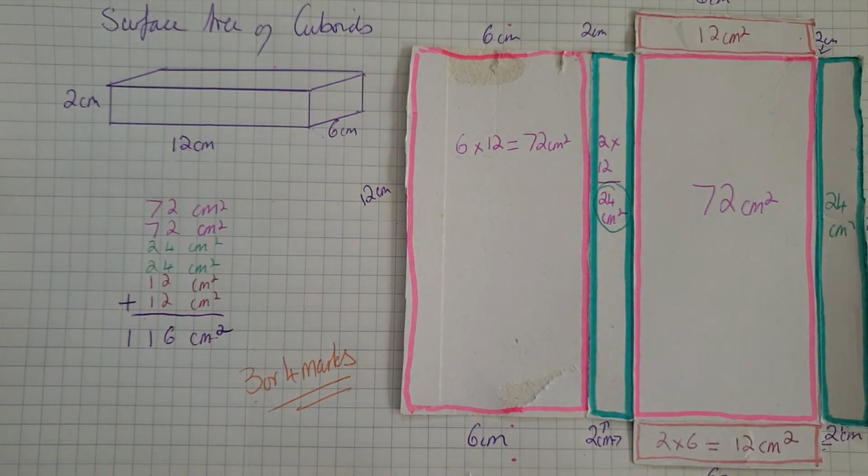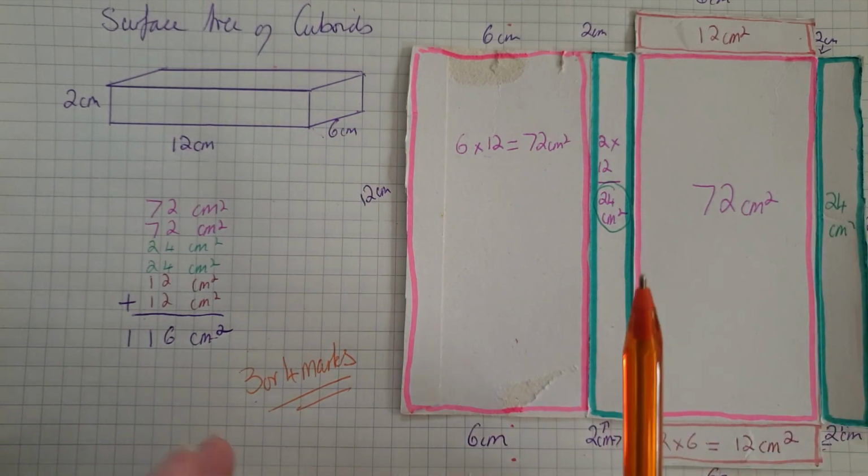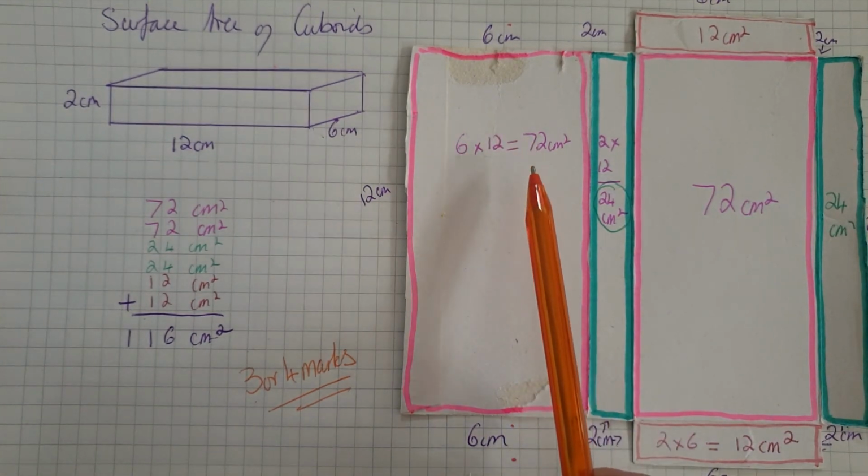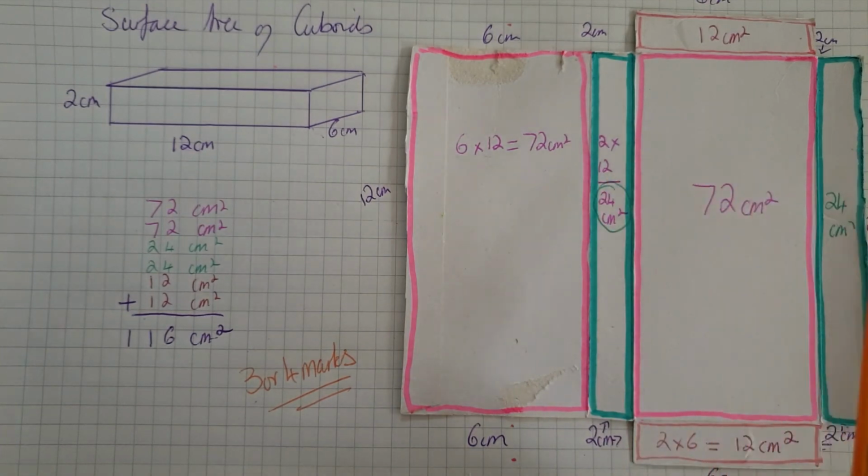So to recap, I've got my cuboid, I've flattened it out, and I've colour coded the pairs of faces. I've measured the dimensions of each of the faces and written it down. I've then calculated the area of each of the rectangles separately. So every time I did this, I came to a new calculation.